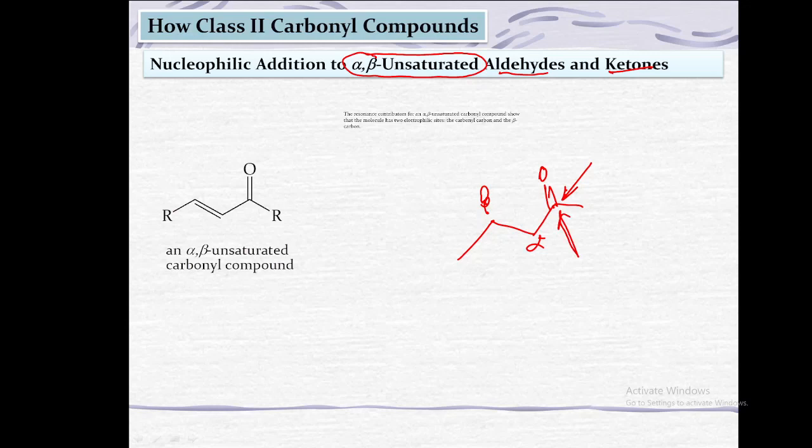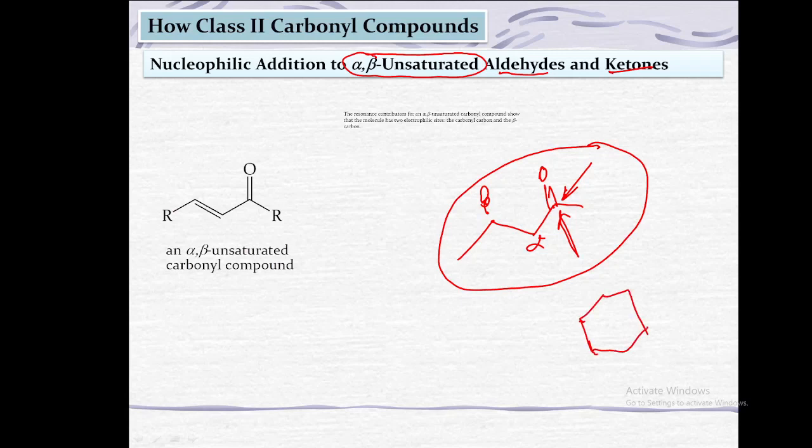So in the previous lectures, we have dealt with such kind of compounds, whether straight chained or even cyclic. We do not have any unsaturation in the alpha and beta positions.